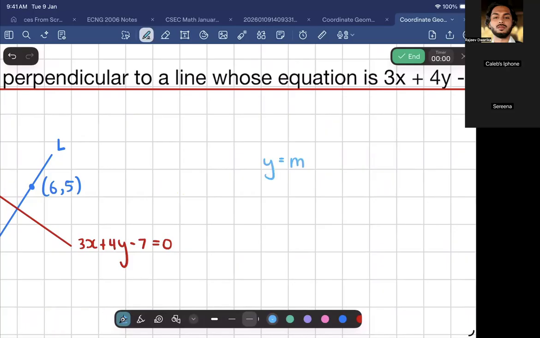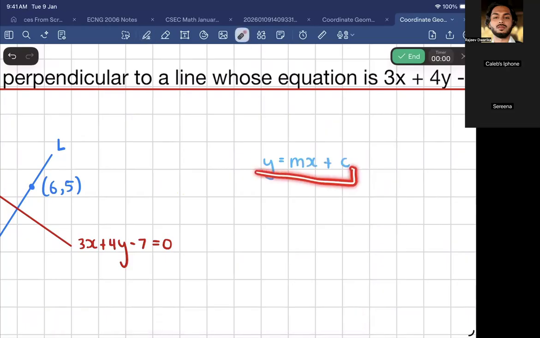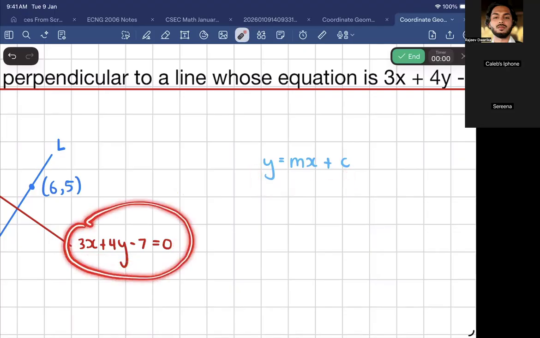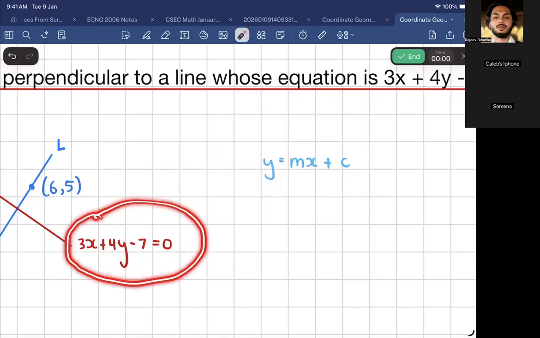And if it's in this form, what two things can you read off? M and c. Exactly. Is this in this form? No, but can we rearrange this to make it in this form? Yes. All we would have to do is make y the subject of the formula.